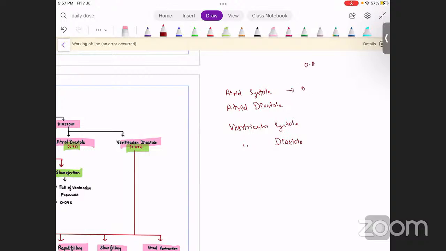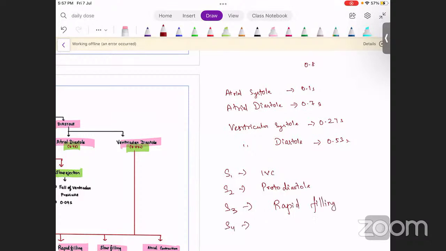Atrial systole is 0.1 second, atrial diastole is 0.7 seconds, ventricular systole is 0.27 seconds, and ventricular diastole is 0.53 seconds. S1 is heard in isovolumetric contraction, S2 in protodiastole, S3 in rapid filling, and S4 in atrial contraction.